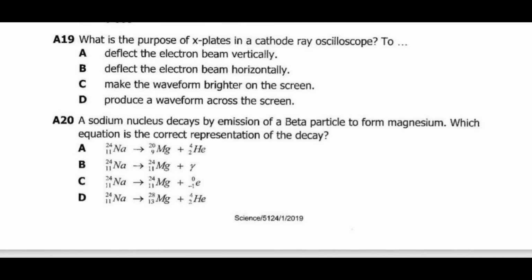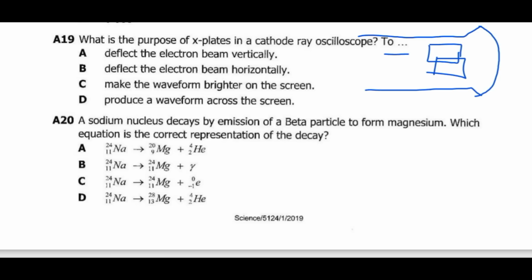Okay, question 19. What is the purpose of X plates in a cathode ray oscilloscope? If you look at the diagrams, they are like this. Then we have the cathode ray oscilloscope, and the Y plates like this.